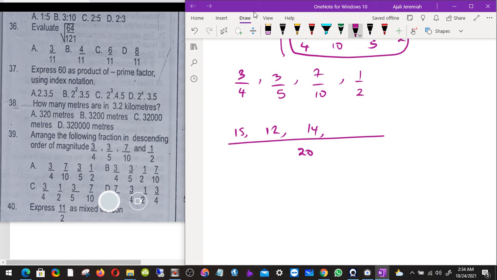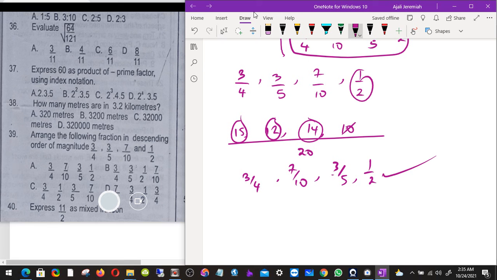Then 2 into 20, 10 times that is 10. So you can see the highest here representing 3 over 4. The next is 14 representing 7 over 10. The next is 12 representing 3 over 5. Then the next is 1 over 2 representing that. So you still get it that way.